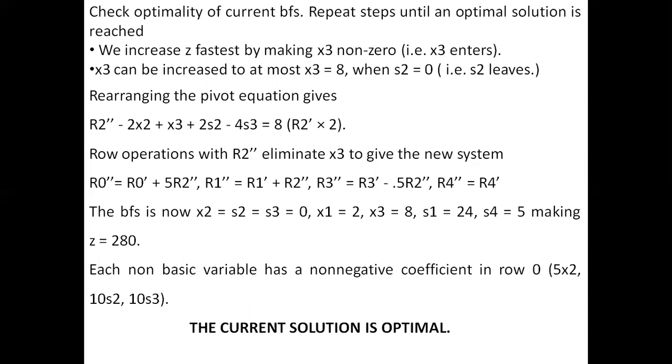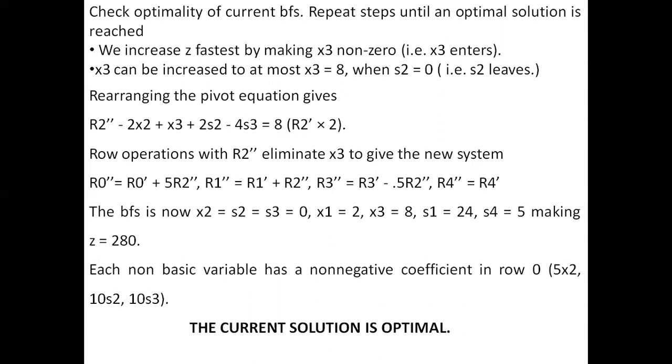R0 is equal to R0 plus 5 R2, and R1 is equal to R1 plus R2. Performing these, R3 is equal to R3 minus 5 R2, R4 is equal to R4.